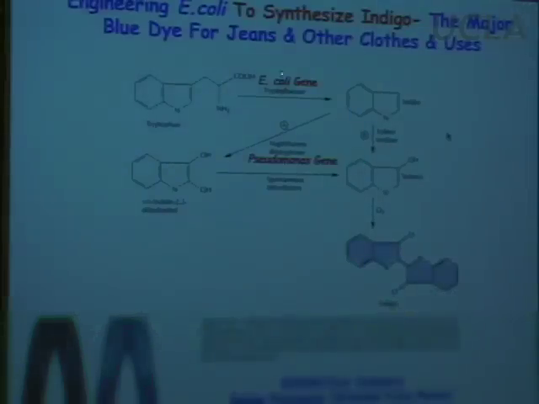Now these pathways, one a gene from E. coli, one a gene from a different bacteria, Pseudomonas, put together in the same bacteria, E. coli, using genetic engineering. Now we're making indigo, which is a dye for jeans. And so the point here is that one can use genetic engineering for those things.